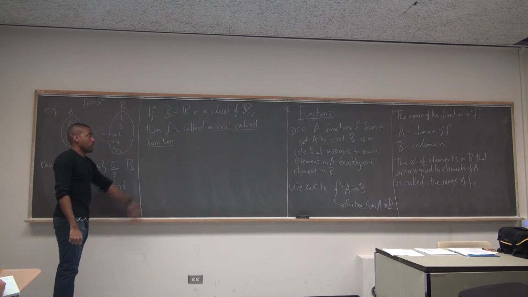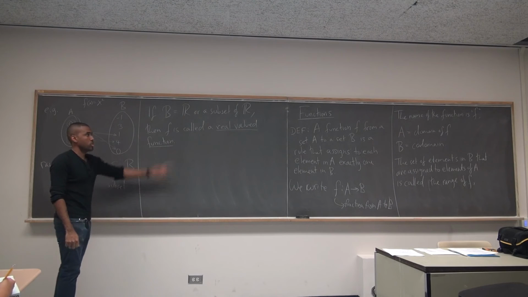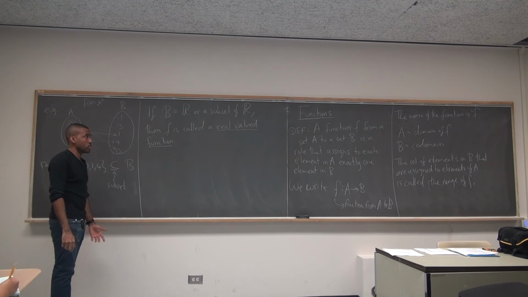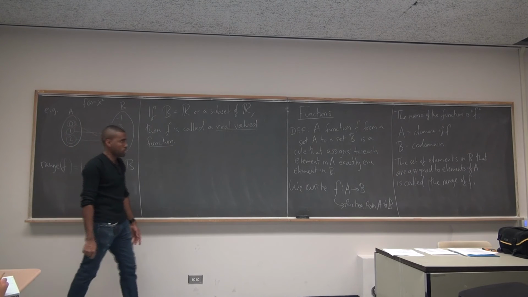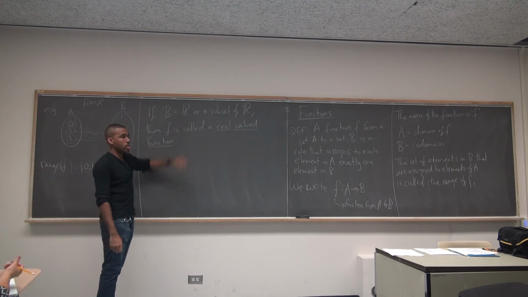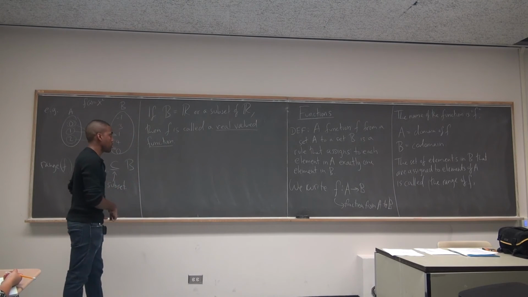Pretty much everything up to calculus 2, you are only talking about real valued functions. A lot of calculus 3 is also talking about real valued functions, but in calculus 3 you also talked about vector functions, where you're mapping into Rn, is one possibility. Usually you're mapping into R3.